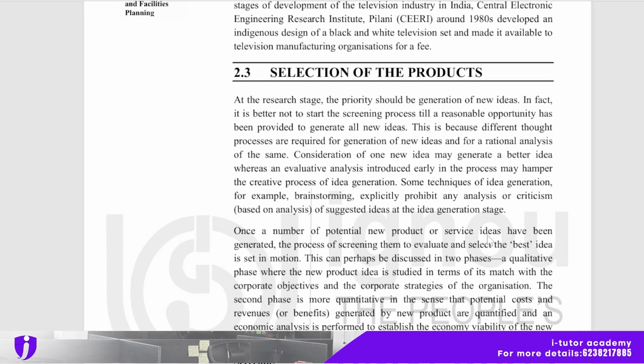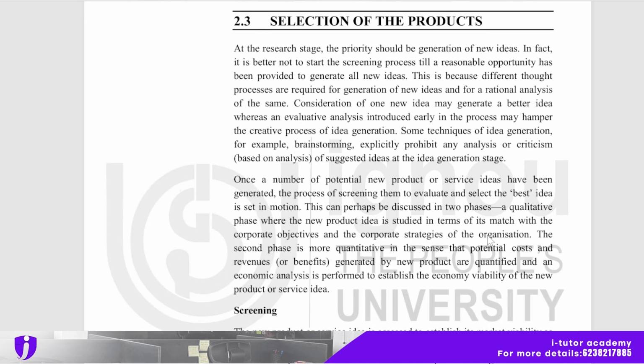Next is selection of the product. At the research stage, the priority should be generation of new ideas. In fact, it is better not to start the screening process till a reasonable opportunity has been provided to generate all new ideas. This is because different thought processes are required for generation of new ideas and for a rational analysis of the same.